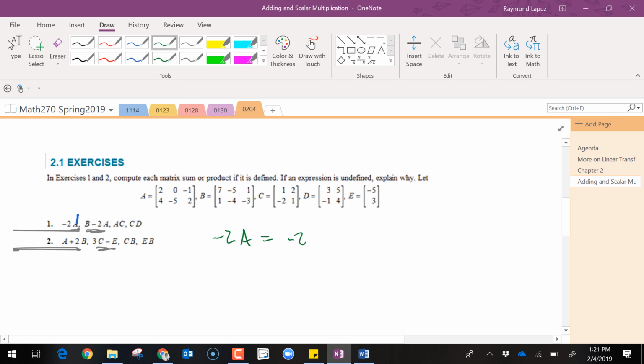So this is -2 times 2, 0, -1, 4, -5, 2. Everything in there gets multiplied by -2. So -4, 0, positive 2, -8, positive 10, -4. Okay. Nothing to it.